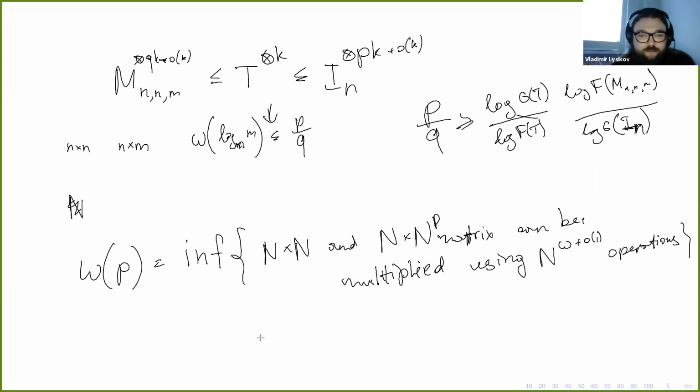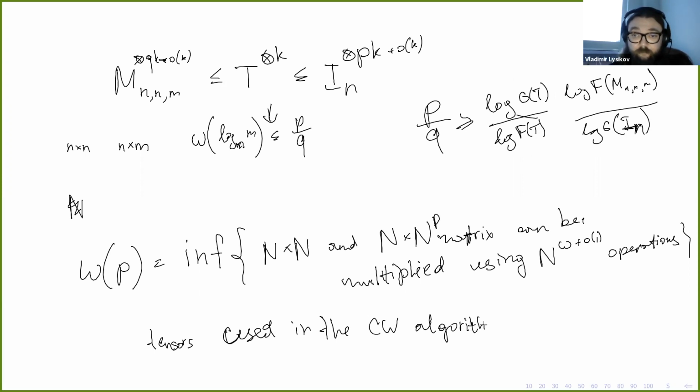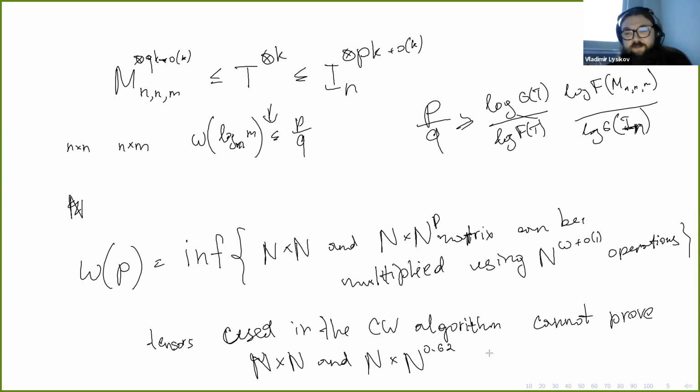And for example, we can prove that the tensors used in the Coppersmith-Winograd algorithm cannot prove that n times n matrix multiplication by n times n^0.62, I believe, can be done optimally in n squared iterations.